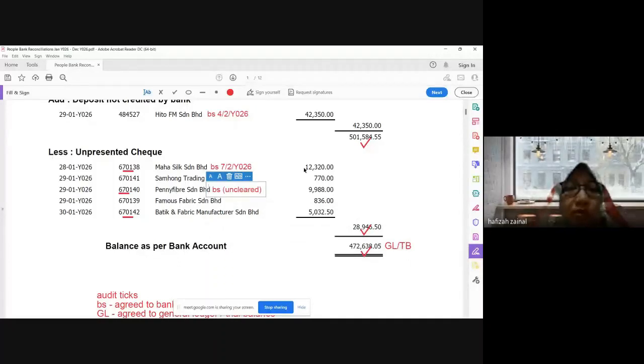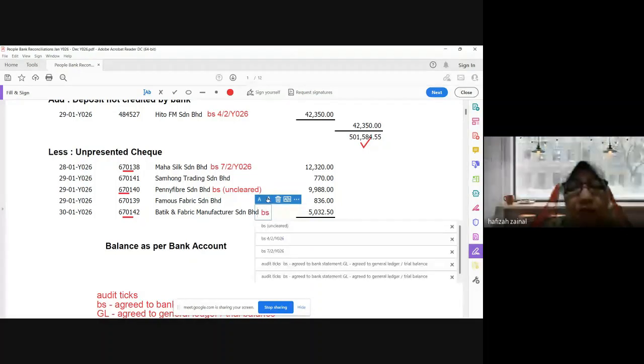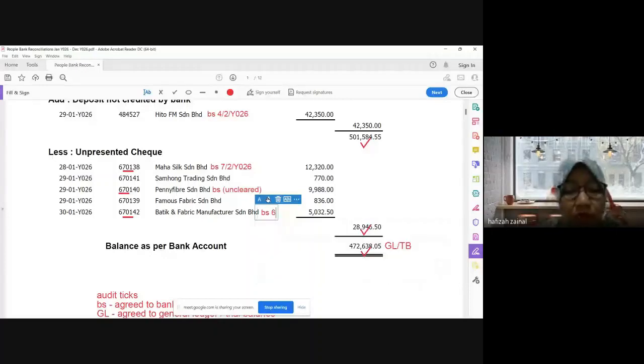That means you know there is one item that has not been cleared, so by right it should not have been credited into the bank account yet. And then here you have Batik Fiber. Again, you trace to the bank statement, and you find out that they only cleared in the month of March, so you put in the date, 6th of March 2026.